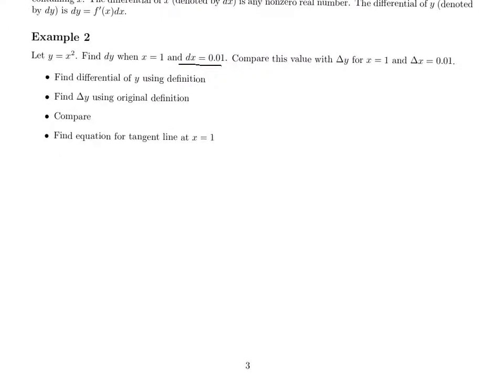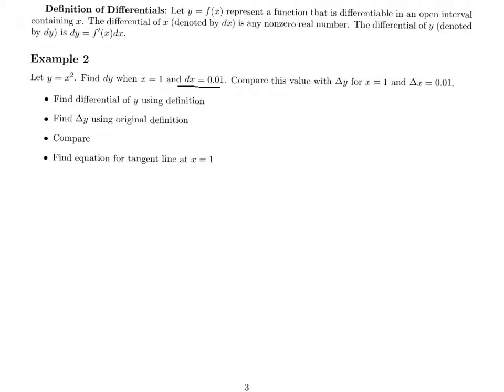So first of all, let's find the differential, and we're using the definition from right up here. dy will be equal to the derivative at 1 times dx, which is given as 0.01. So what is the derivative?